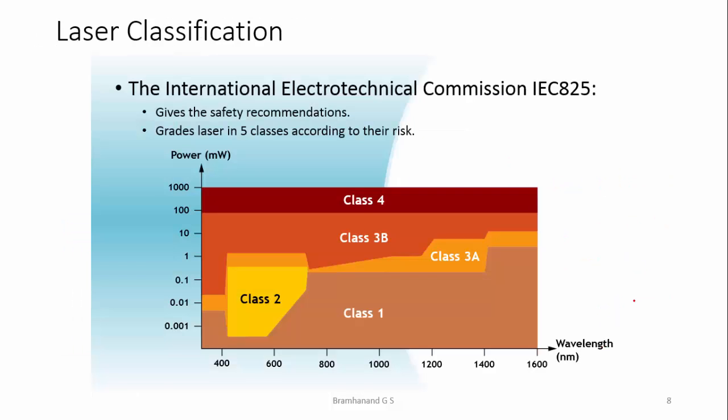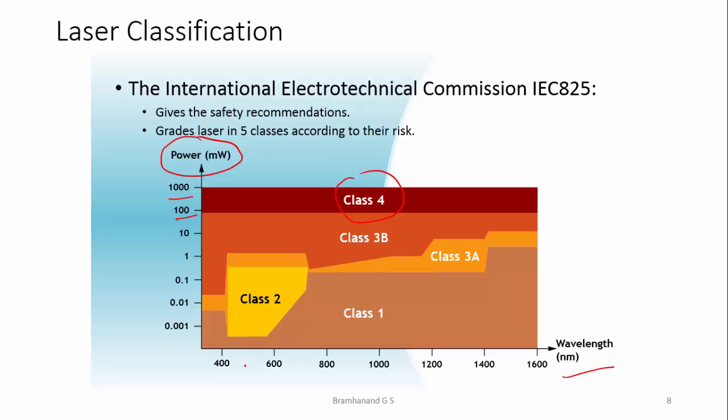There are different kinds of lasers based on the risks involved with them, based on the power they emit. If a laser diode emits between 100 milliwatts to 1000 milliwatts, it is called class 4. And the ability of the laser diode to transmit the output power depends also on the wavelength it is operating.